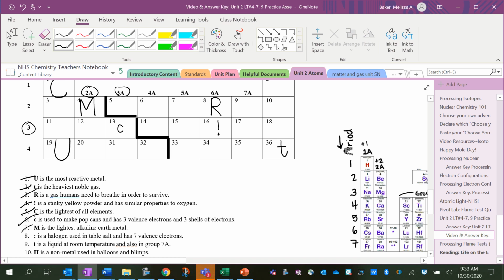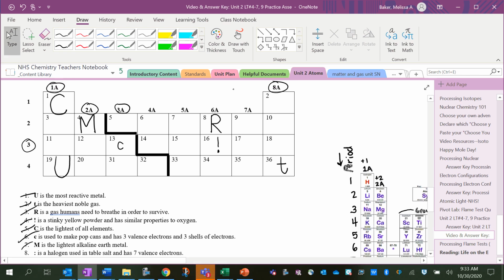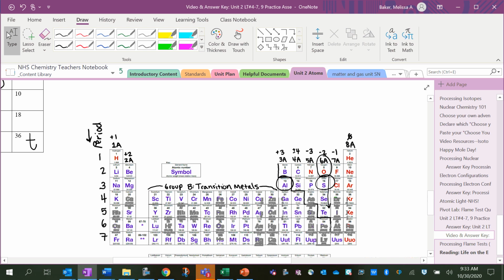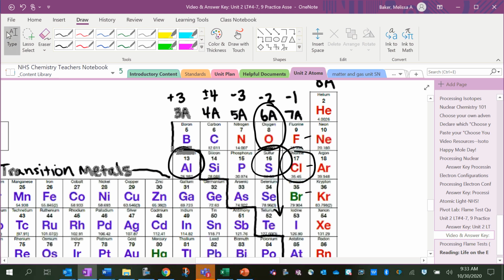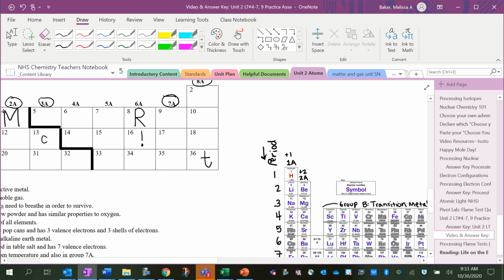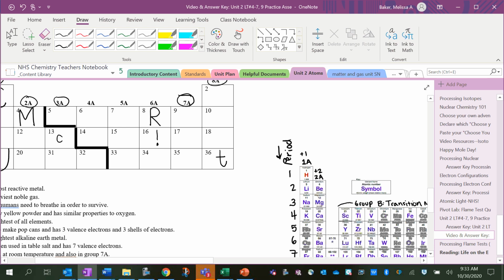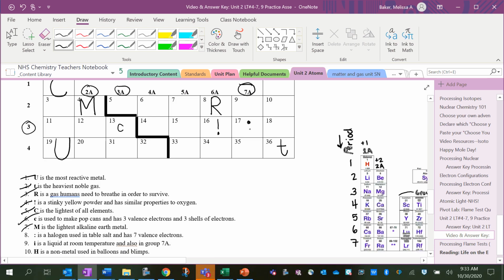Colon is a halogen used in table salt and has 7 valence electrons. Okay, well, that's helpful. It's in this group, 7A. Which one of these is in table salt? Chlorine or bromine? Sodium chloride. So we're going to put a colon in number 17 spot.